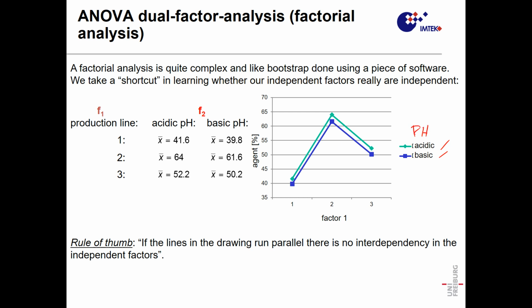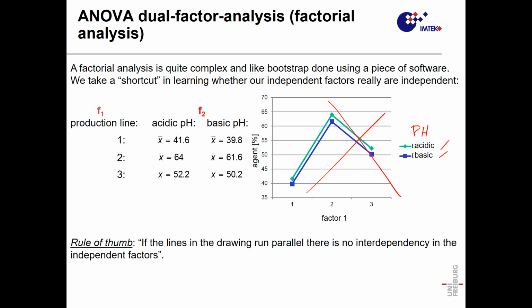Okay? So you can see that as you move from one production line to another, it goes up from 1 to 2, and then it goes down from 2 to 3. And both pH levels seem to follow the same pattern, so probably they are not dependent. If there were some kind of interaction between them, you would have something like crossing lines.